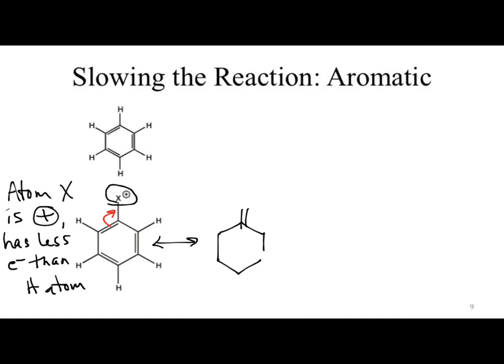We end up with a very similar looking structure, except what happened to atom X? It was positive and now gained electrons, so it's neutral. What happened to this carbon? It's now positively charged. What we'll end up finding when you draw out the rest of the resonance structures, which I'm going to ask you to do, you'll put positive charge at the ortho and para positions.